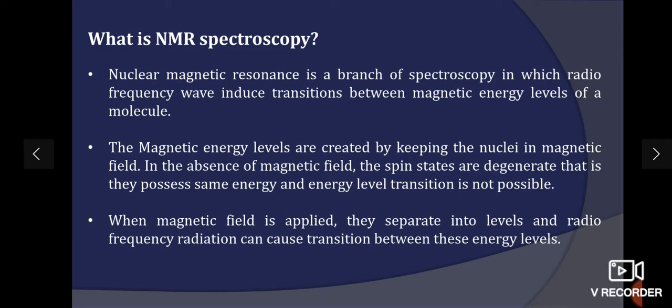Any spinning electric charge has an associated magnetic field. Just as electrons with opposite spin pair up with each other in bonding orbitals, a similar thing happens with protons and neutrons in the nucleus. If a nucleus has an even number of protons and neutrons, for example carbon 12, their magnetic fields cancel each other out and there is no overall magnetic field.